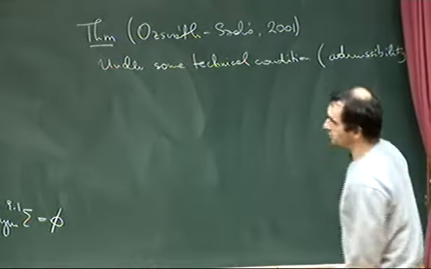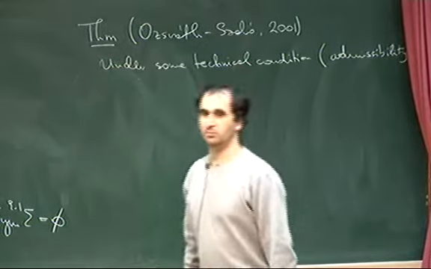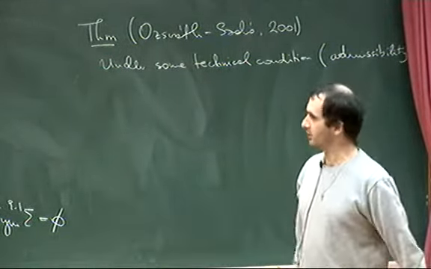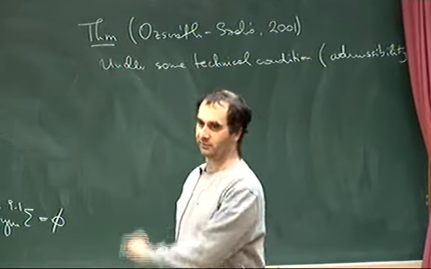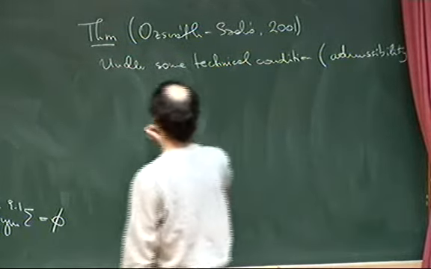we have to assume that the diagram has a special property, what they call admissibility, but in the next 2 lectures we will not need that because all our diagrams will be automatically admissible. So I don't specify what it is.